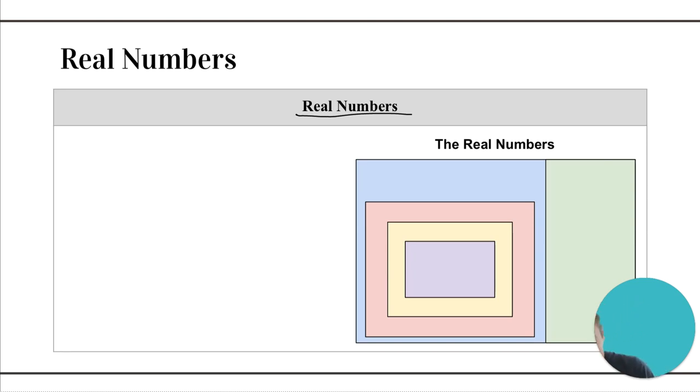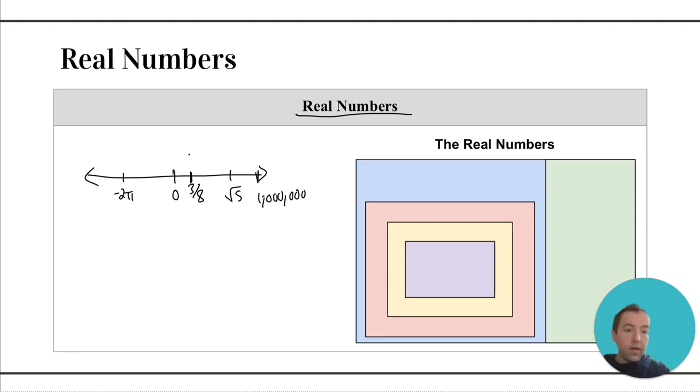So real numbers are really any number that belongs to the real number line, like 0 is a real number, the square root of 5 is a real number, negative 2 pi is a real number, 3/8 is a real number, 1 million is a real number, okay? Anything that belongs to that is called a real number.